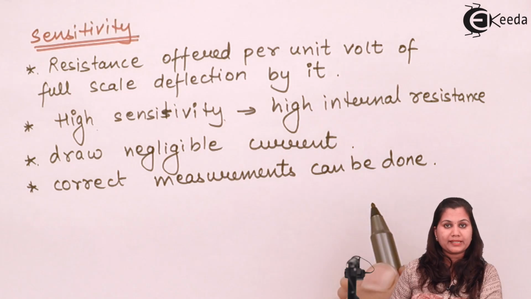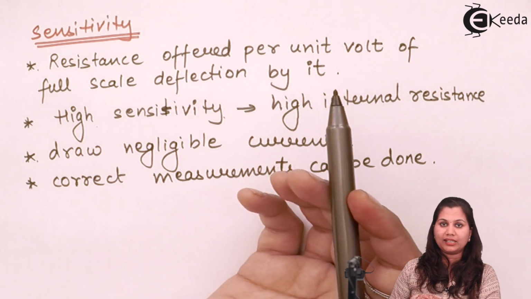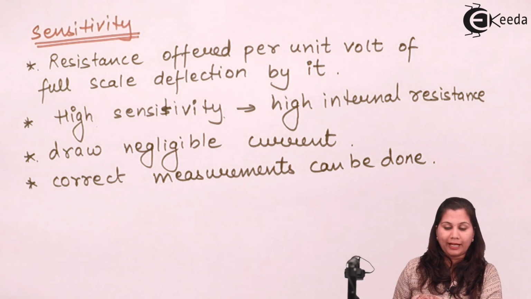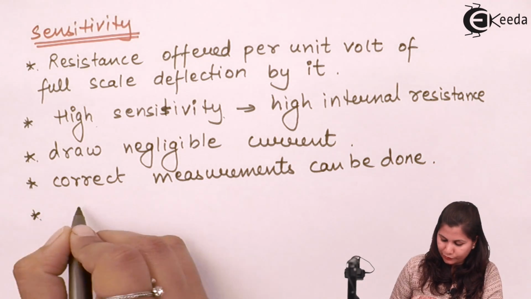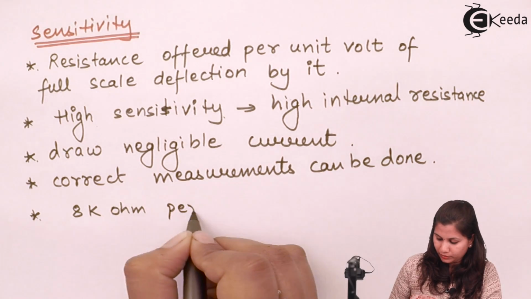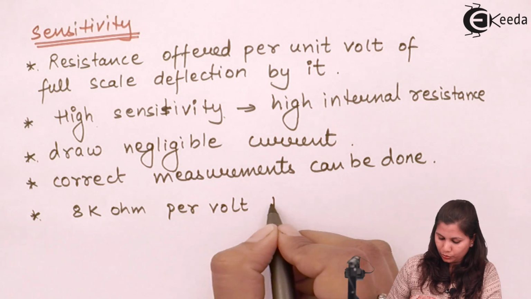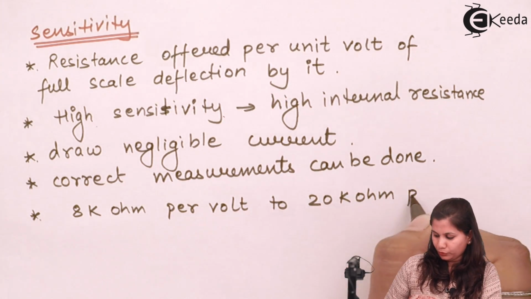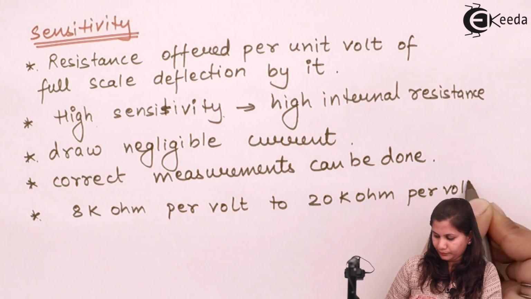So correct measurements can be done if the instrument has high sensitivity. Now the sensitivity of an analog multimeter is in the range from 8 kilo ohm per volt to 20 kilo ohm per volt.